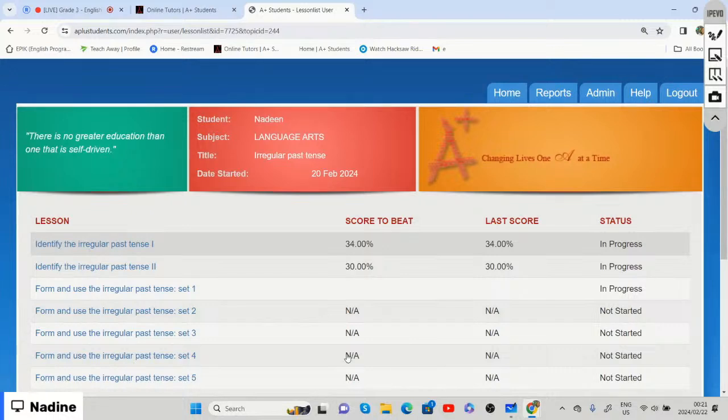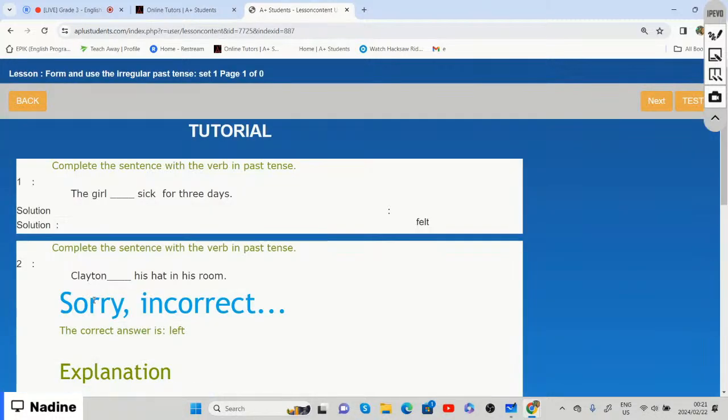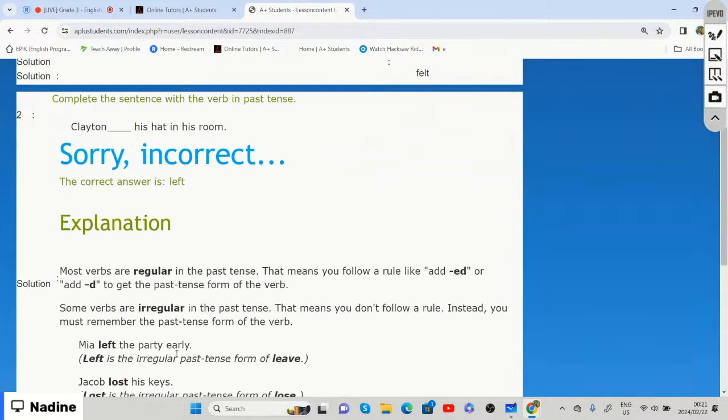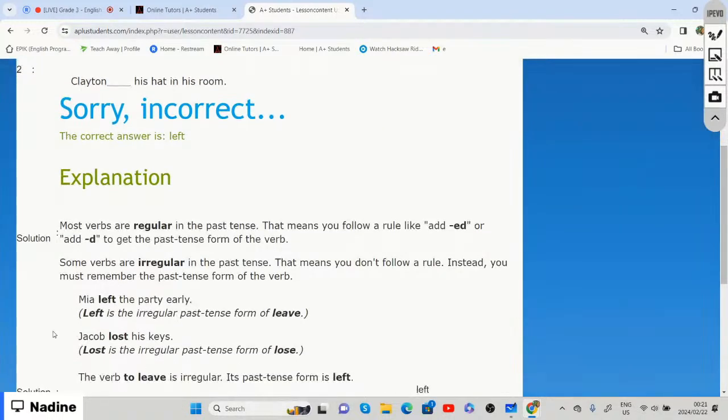You're just going to have to know the past tense form of that specific word. The word kind of changes. So now we're going to form and use irregular past tense. Some of the verbs are irregular in the past tense, and that means that you do not follow any rules. Instead, you must just remember the past tense form of the verb.